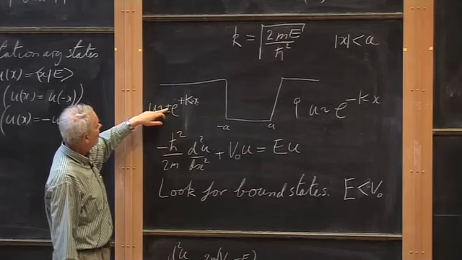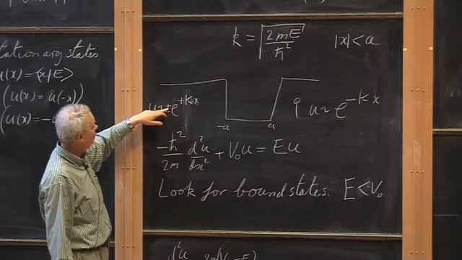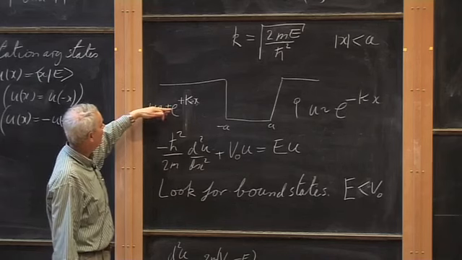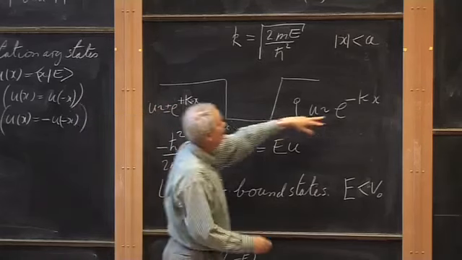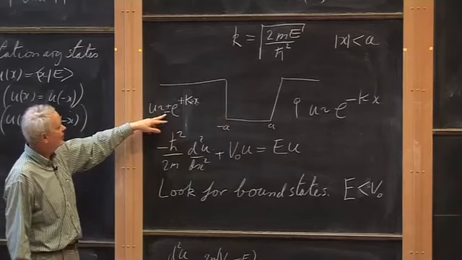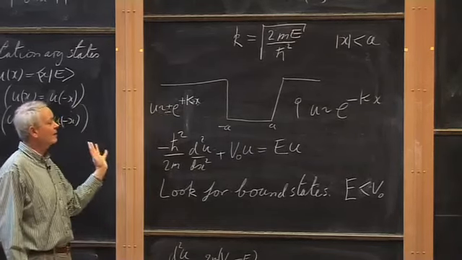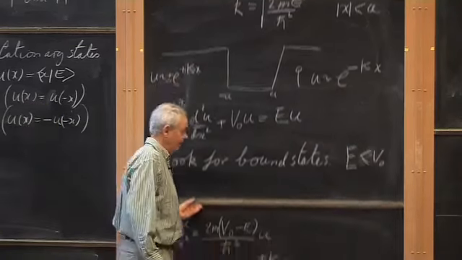If we're looking for a state of even parity, then we want to take this plus sign, so the wave function over here has the same numerical value as the wave function at the corresponding point over there. If we're looking for a state of odd parity, we take this minus sign, so the wave function at negative x becomes minus the wave function at the corresponding point at positive x.